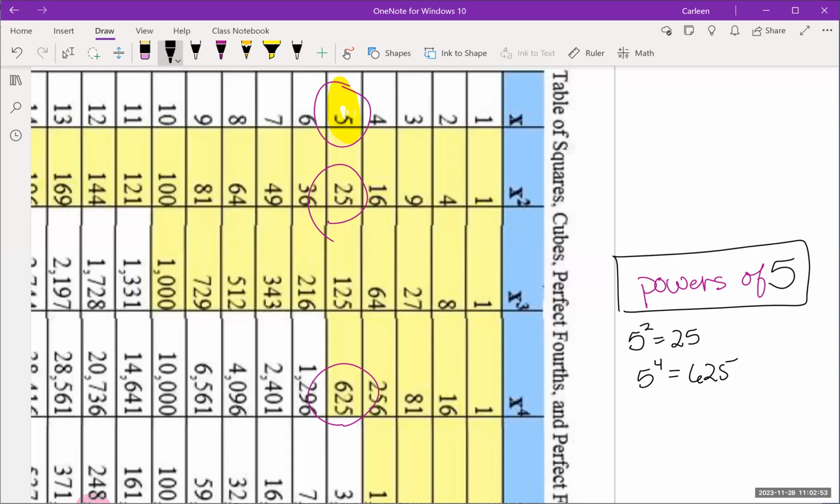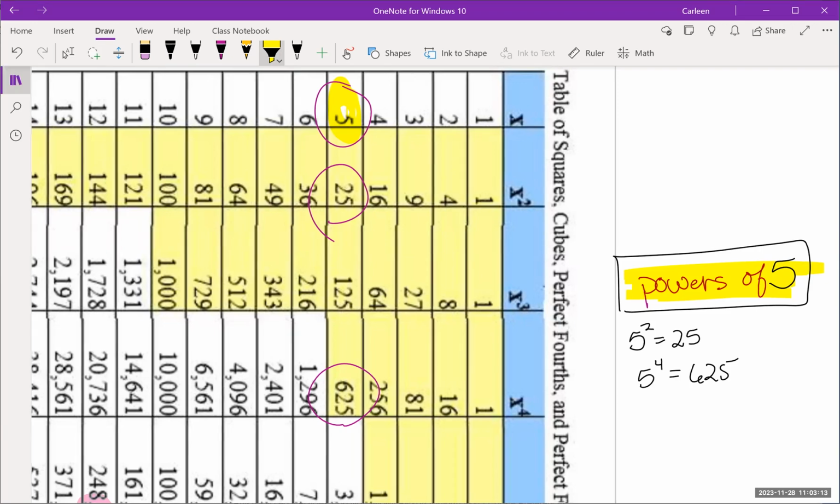Therefore, 25 and 625 are described as powers of 5. Okay, and this vocabulary is going to help remember it. Are we good? That 25 and 625 are powers of 5.